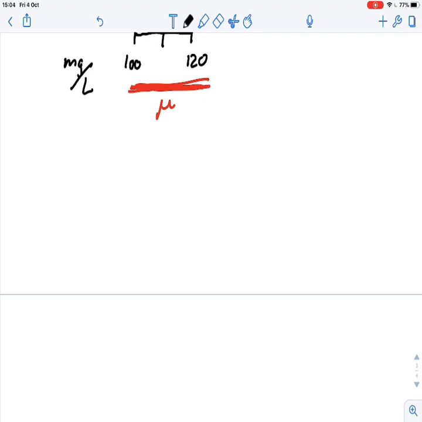So in a way, this is when somebody throws darts at a target and the darts are close together. That's internal validity.